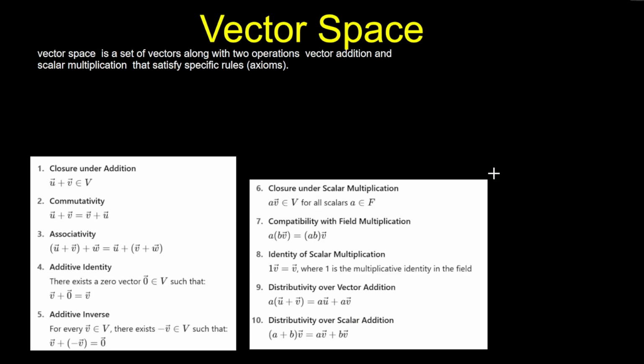So let's take another example of a polynomial. Let's say we add two polynomials of degree 3.